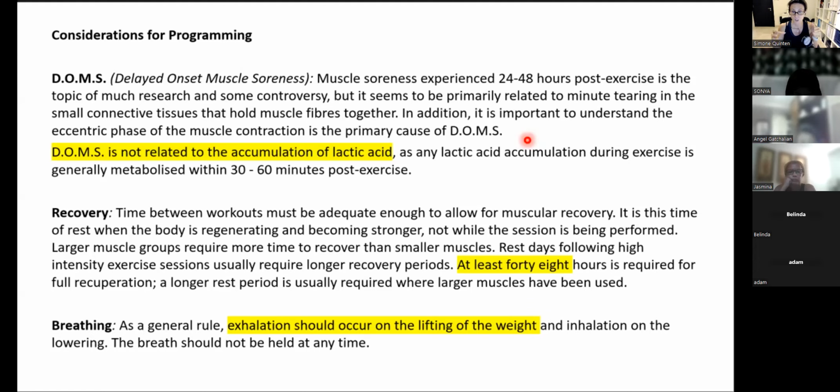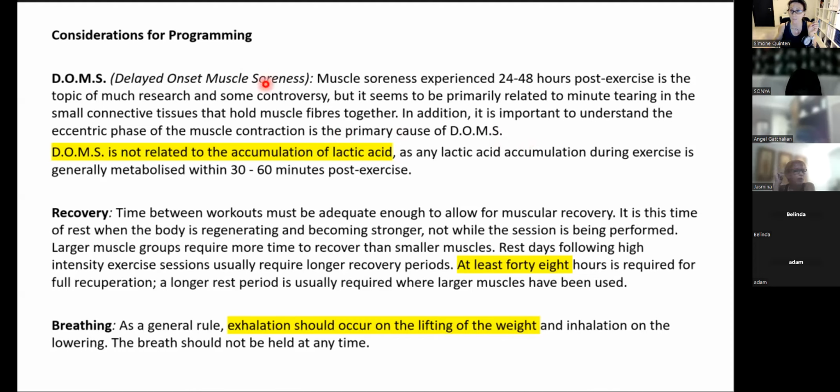If you are programming your client to do a full body workout, you need a minimum of 24 hours in between for recovery. The heavier and more intense the weight, the more recovery you need to give them. DOMS stands for delayed onset muscle soreness.